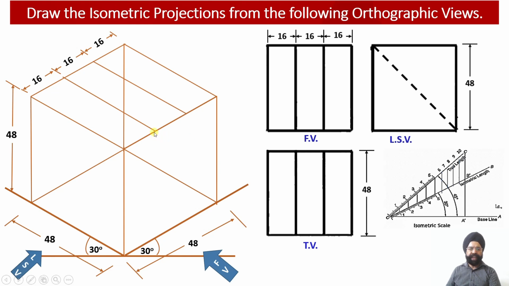Now we are going to take these projections down vertically. Once we take these projections down vertically, please check, the vertical component of the first web which is visible to us in the front view has been developed over here.